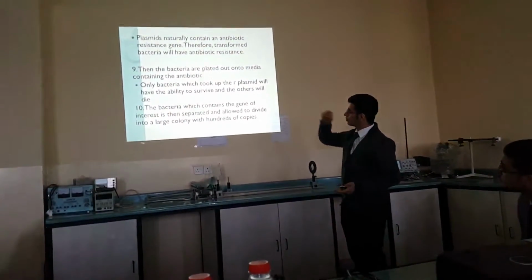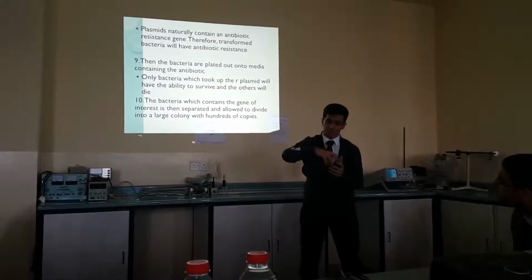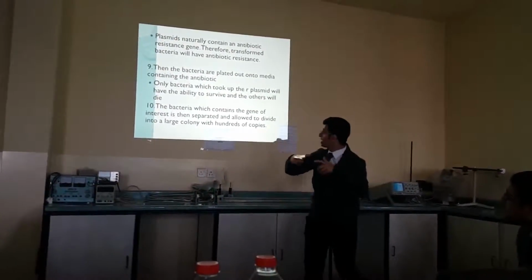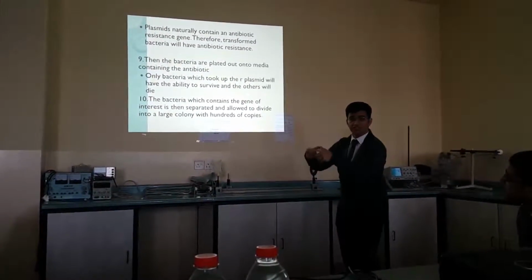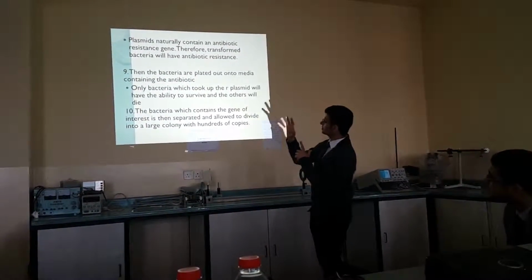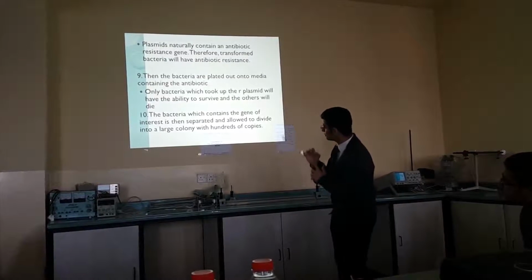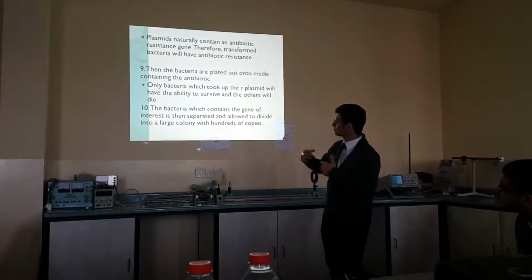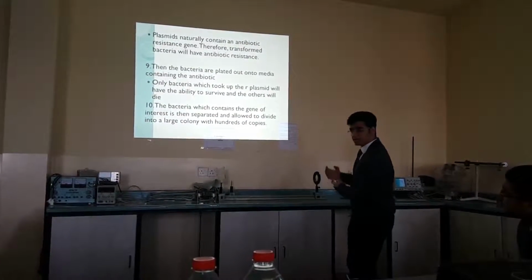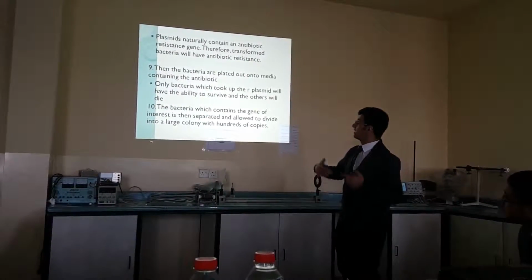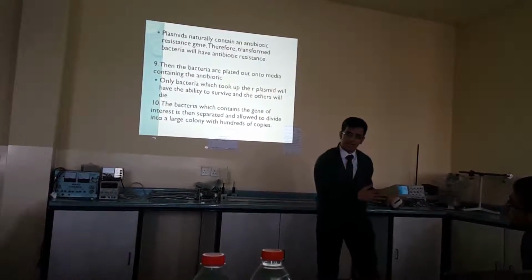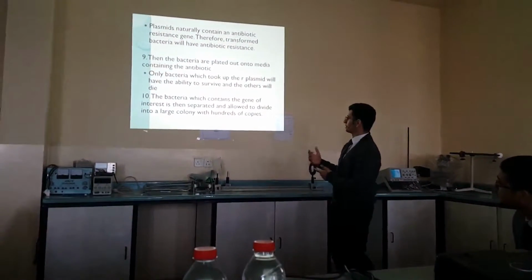The bacteria are plated on a medium containing an antibiotic. So only bacteria which took up the recombinant plasmids will have the ability to survive, because the plasmid has the ability to resist the antibiotic, and those which didn't take it will simply die.